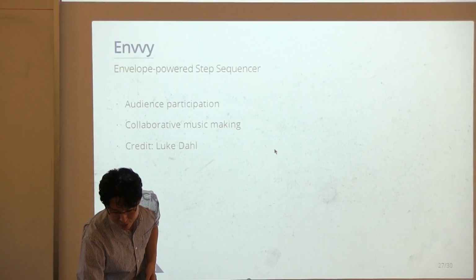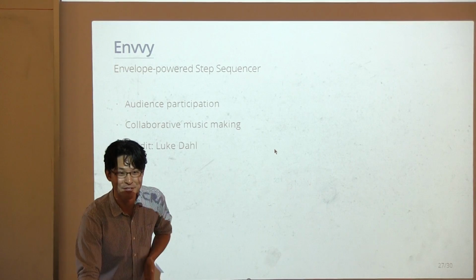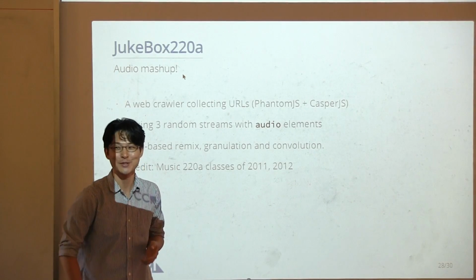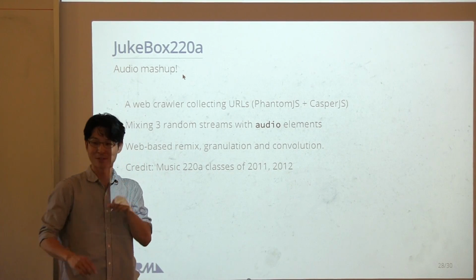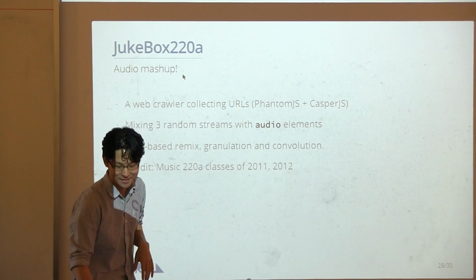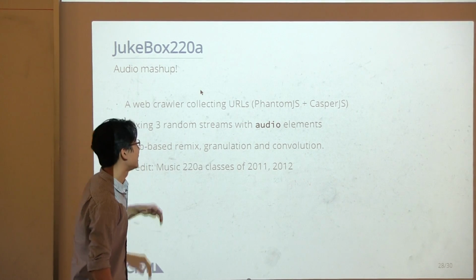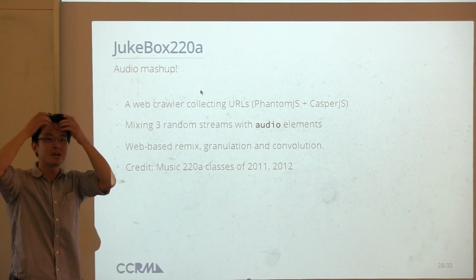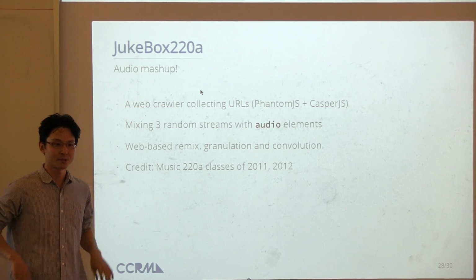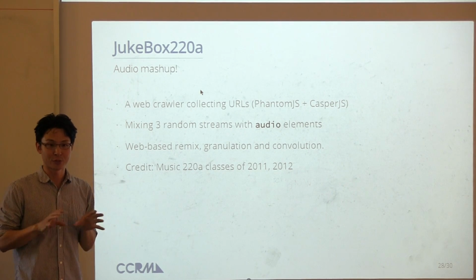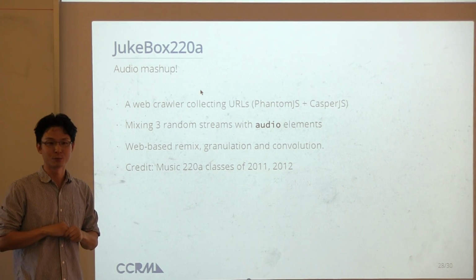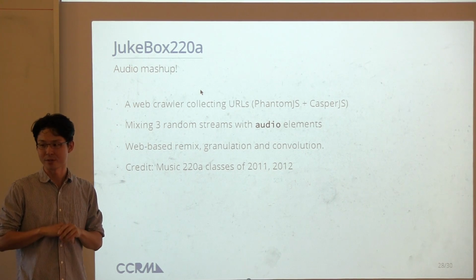That's one project, and the other one is for Chris. It's called Jukebox 228. This is going to be my last slide. We have a 228 class, which is basically an introductory computer music class at CCRMA, and we do homework, like 5 or 6 assignments.